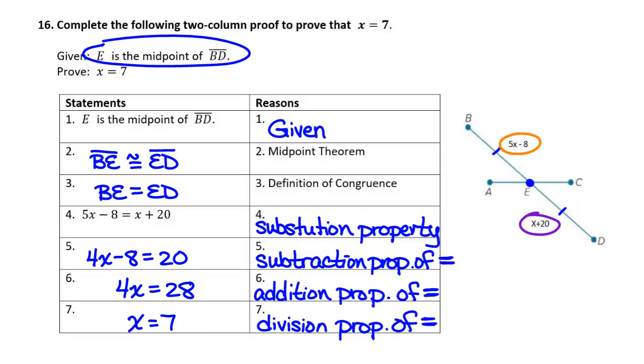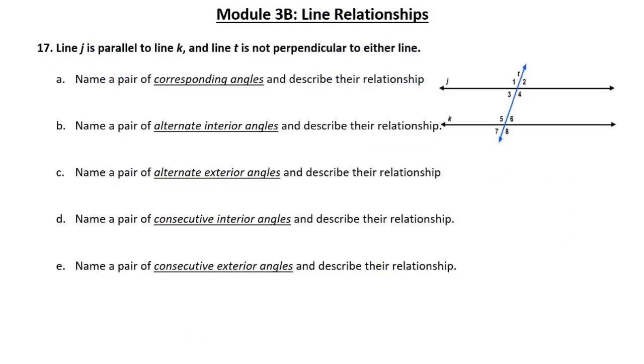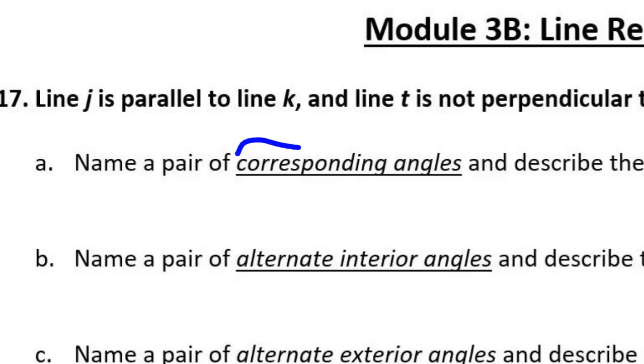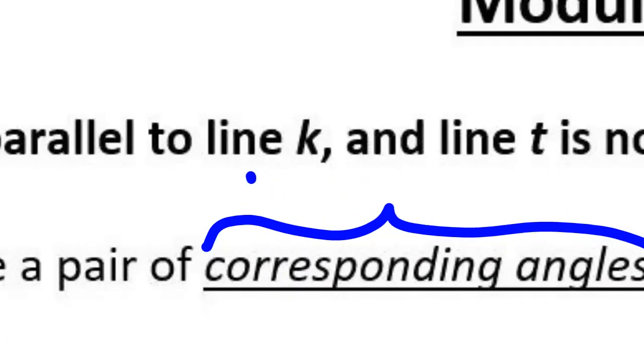All right, let's look at number 17. Name a pair of corresponding angles, alternate interior angles, alternate exterior angles, consecutive interior angles, and consecutive exterior angles. We practiced doing this just a couple days ago on our warm-ups. I want to say it's probably been a week ago now, but we were practicing identifying our angle pairs again. Corresponding angles, these are ones that are in matching corners.